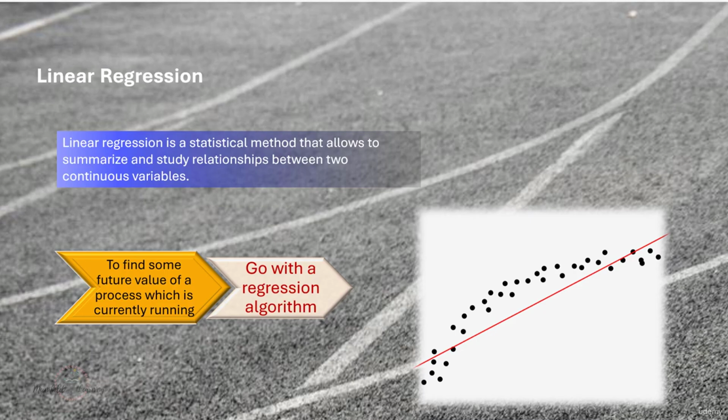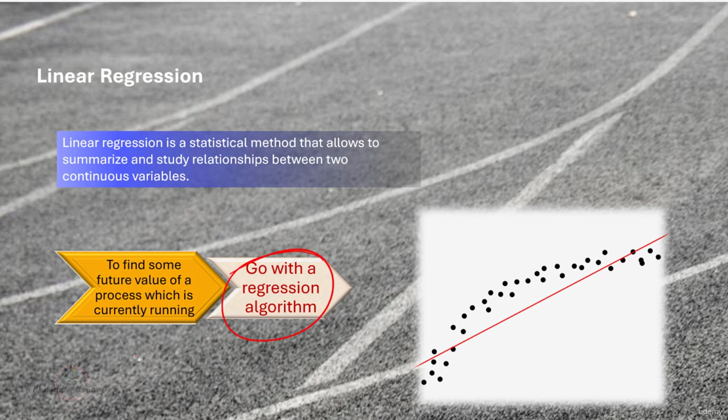That is what linear regression is all about. Here, my outcome variable is continuous in nature. So if I'm interested in predicting a future value which is continuous, then it is recommended that we start with a regression algorithm.